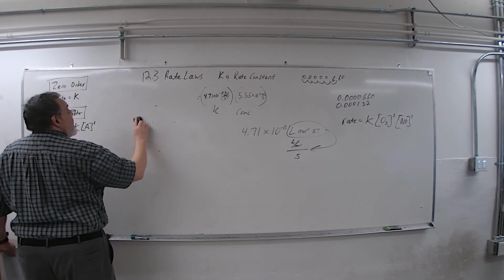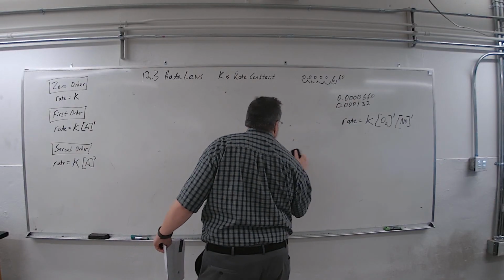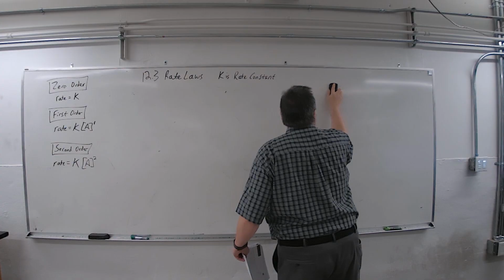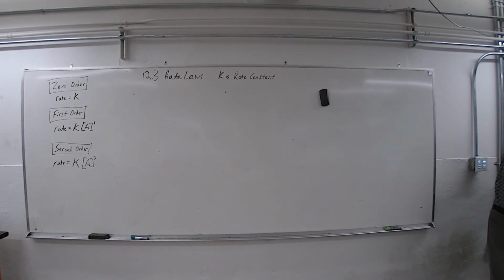So now we're back to these that you have to figure out the order. All right, look at number 21, on slide 8. Across the top row are 3 different concentrations of the reactant.